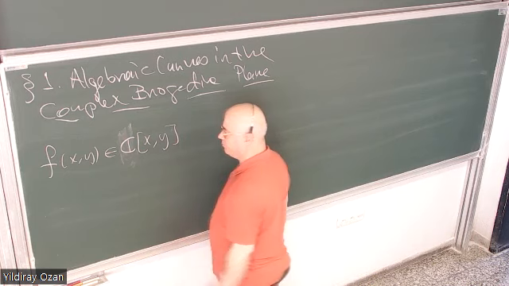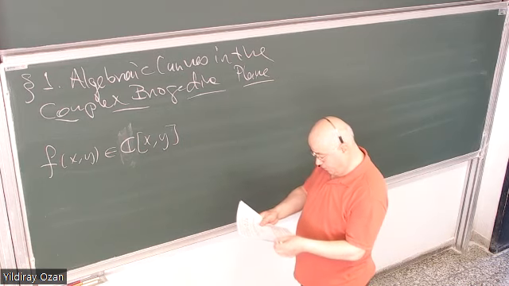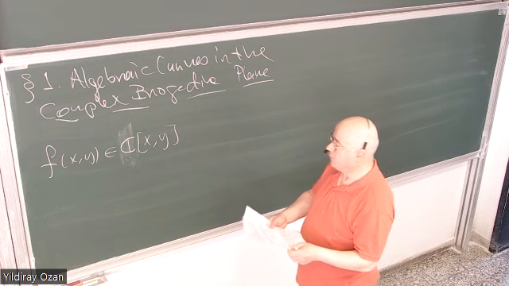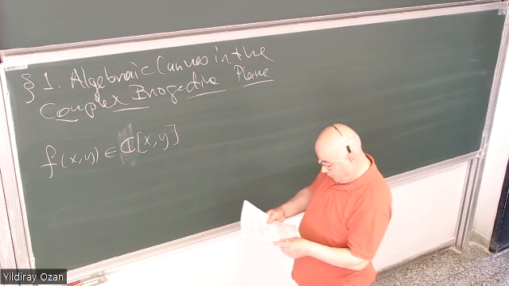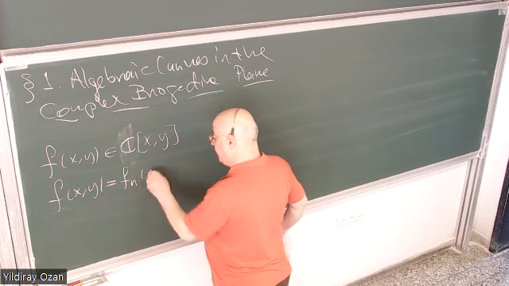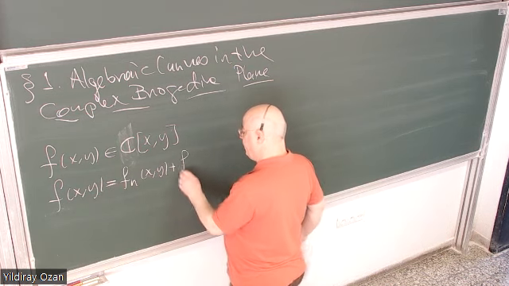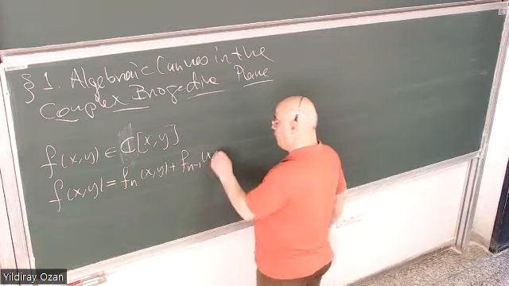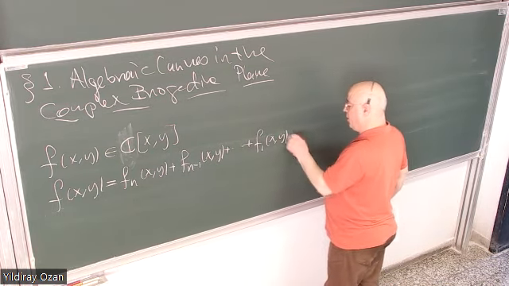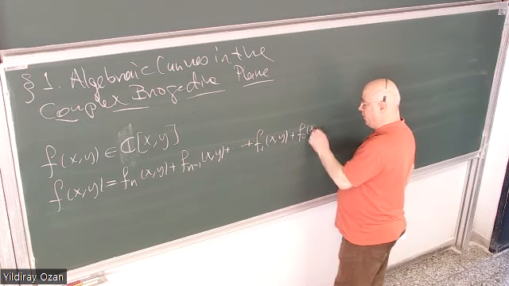Let's take a complex polynomial. And let me write this polynomial like this: fn(x,y), fn-1(x,y), f1(x,y), and f0(x,y).